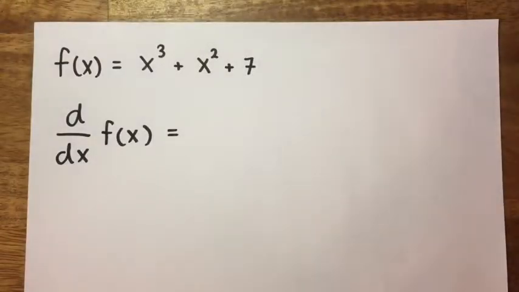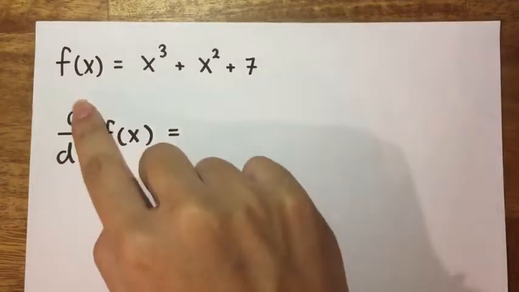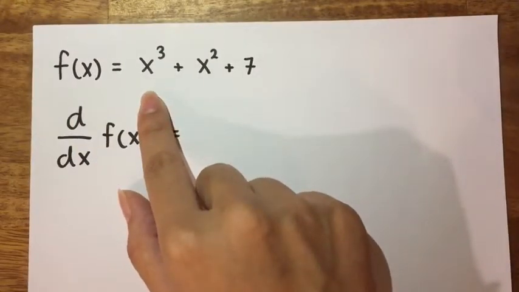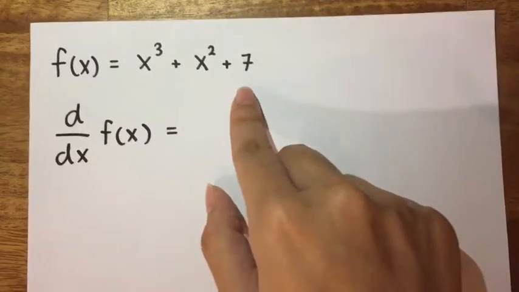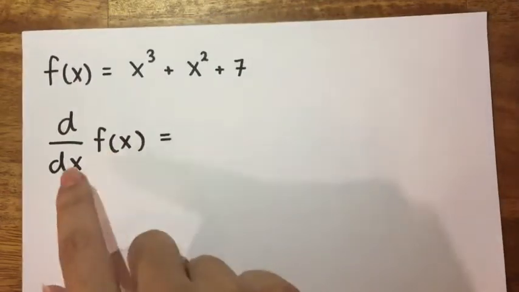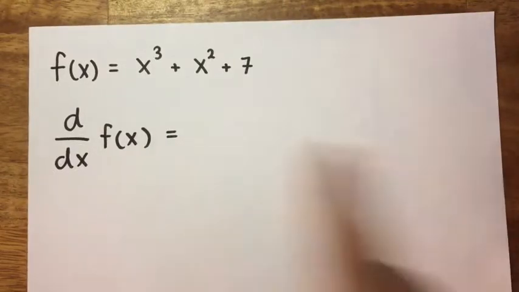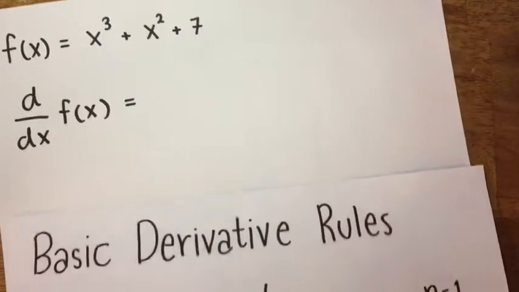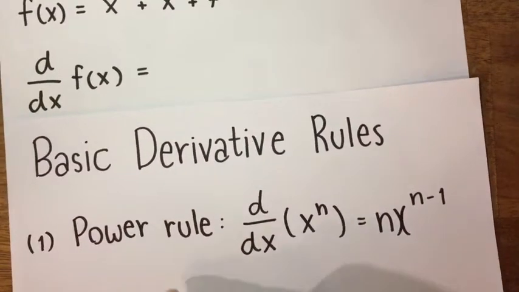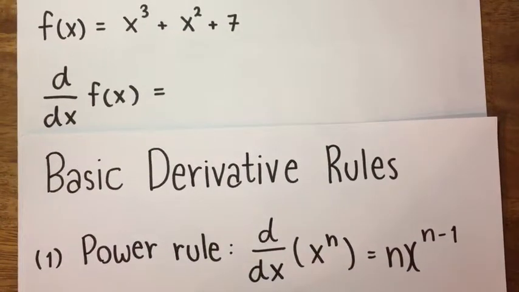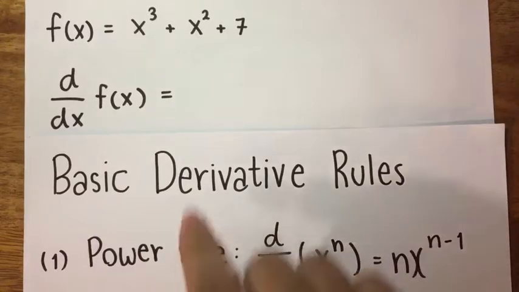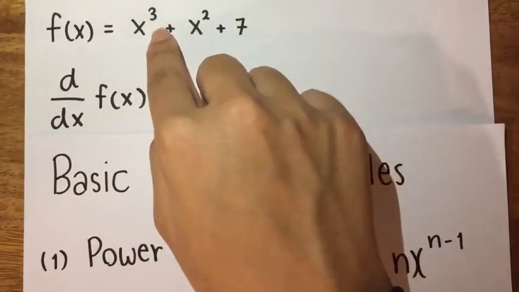Now we are going to try out the basic rules with this equation. f of x equals x to the power of 3 plus x squared plus 7. So derive f of x. According to the power rule, here we have x to the power of 3.